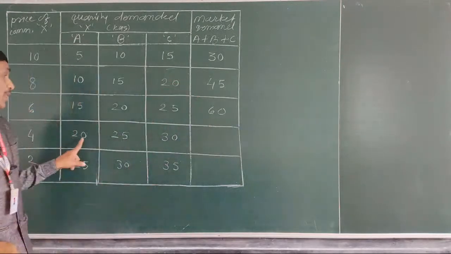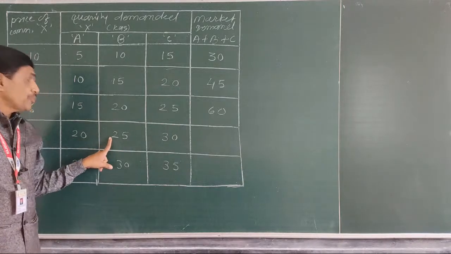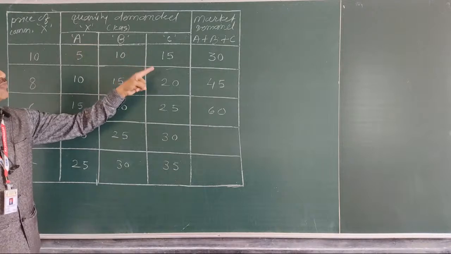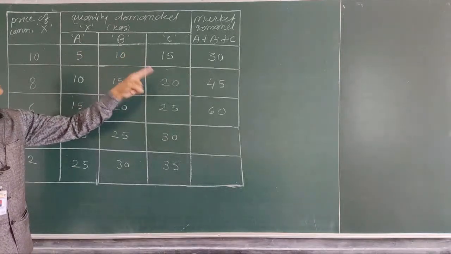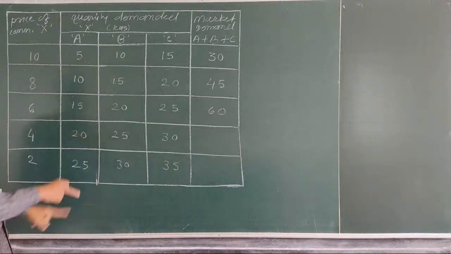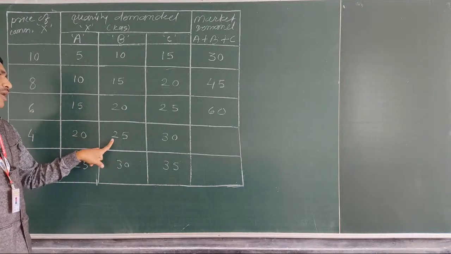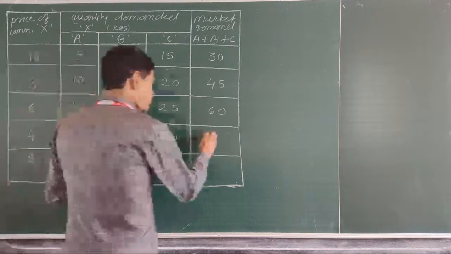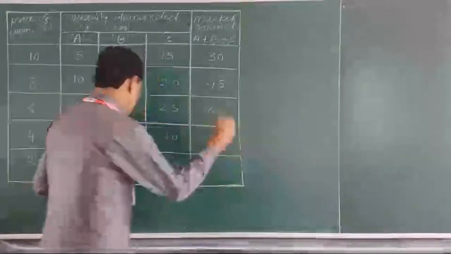Then 20 plus 25 plus 30 plus... A means horizontal summation of consumer A plus B plus C, which indicates the total demand or all demand of consumers in the market demand. Okay, 20, 25, 30, 75.